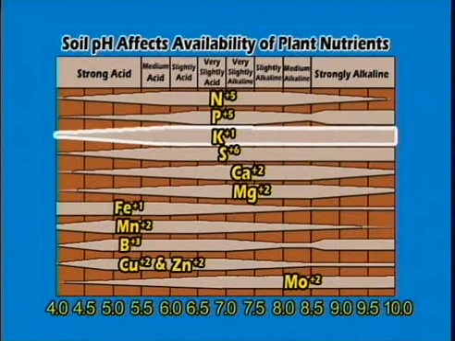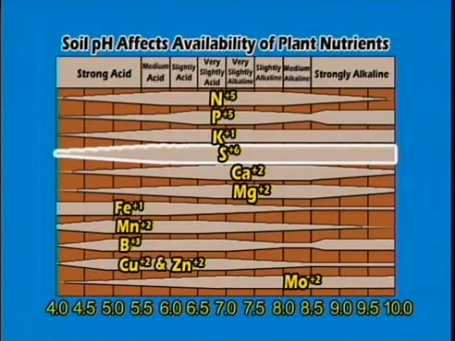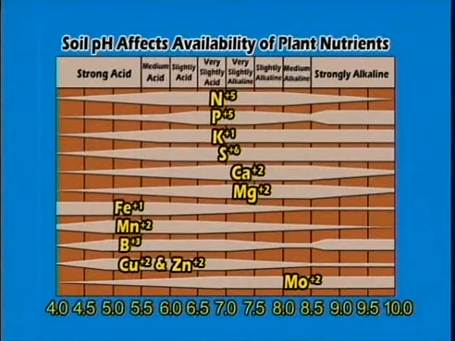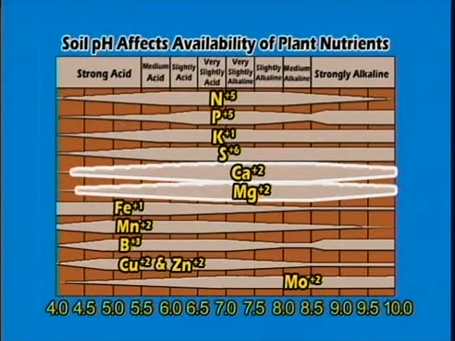Potassium is not a nutrient that's highly affected by soil pH. Sulfur, we could say the same thing for that one, also not very pH critical. Calcium and magnesium, the two primary basic soil cations, we would expect those to be most available around neutral and even slightly above, and indeed that's true. As we progress downscale in pH, we are seeing a reduced availability of these nutrients, and that's really kind of a twofold effect.